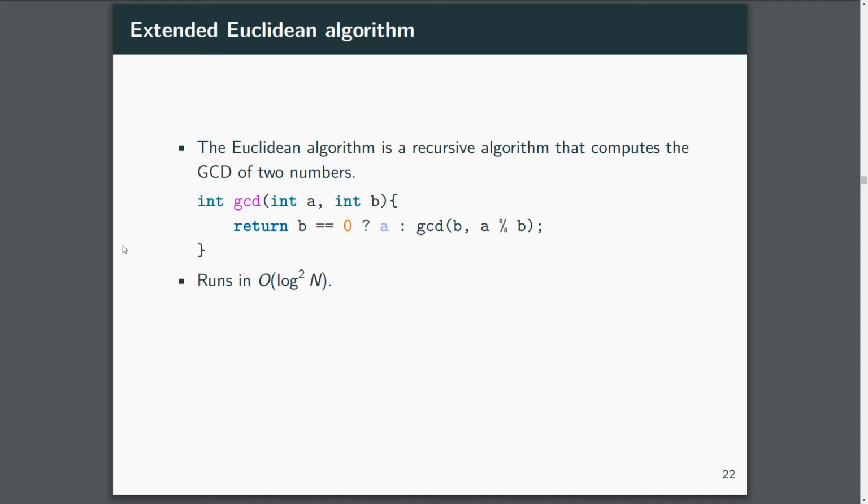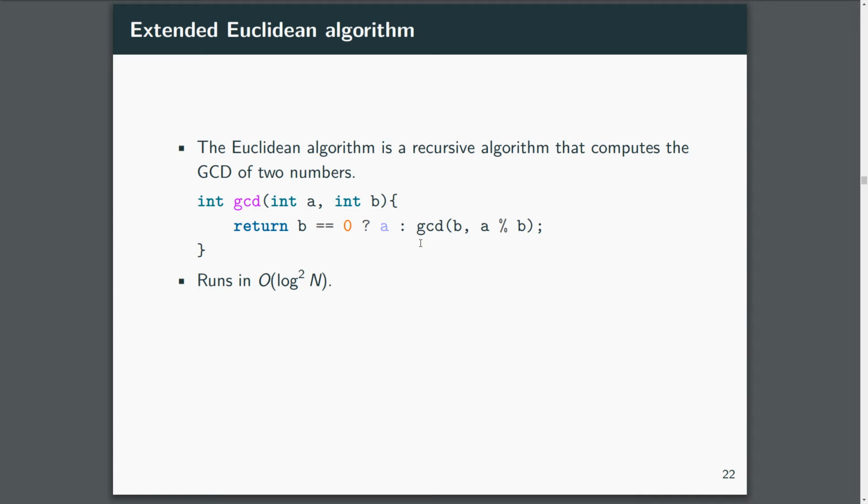For the greatest common divisor, we have the Euclidean algorithm. It's a recursive algorithm. It's quite short and simple. So if b is equal to 0, then the GCD of a and b is just a.